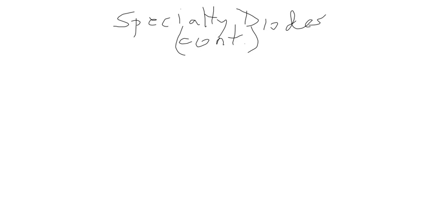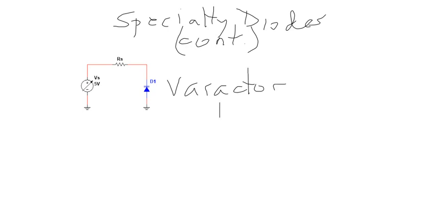I do want to talk about three different ones here. The first one is called a varactor diode. And notice it's got a double cross bar, so it looks like a capacitor on top of the diode, and that's exactly what it is.